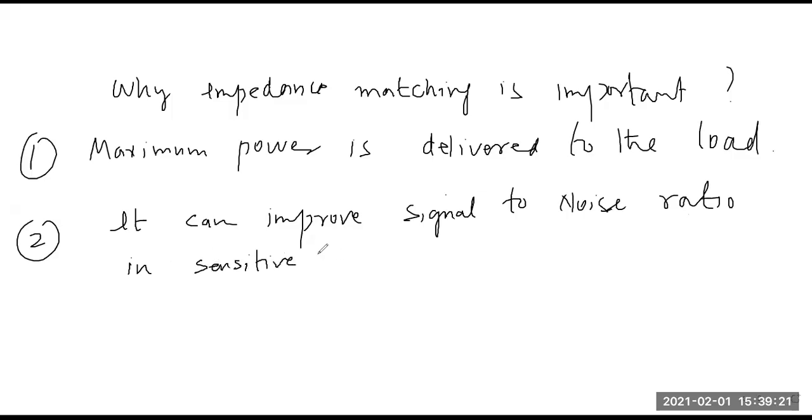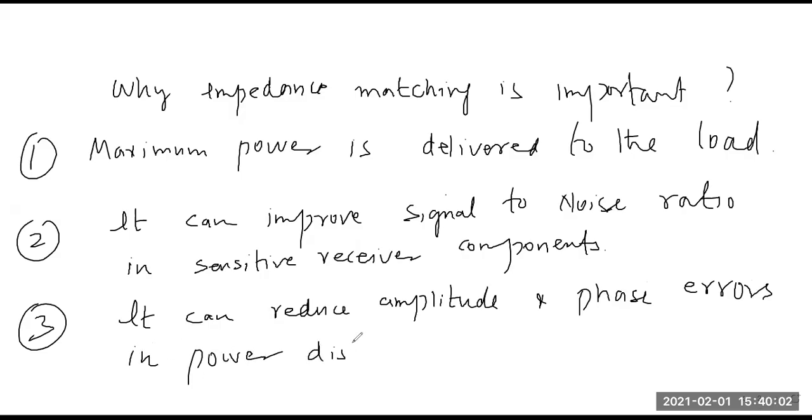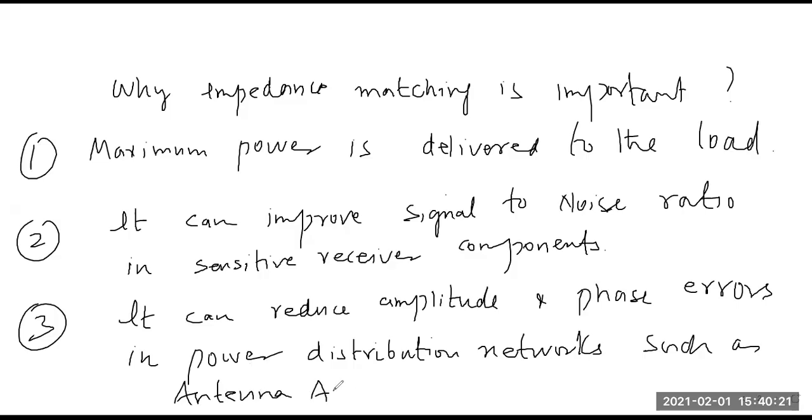In sensitive receiver components. And the third reason why impedance matching is important is that it can reduce amplitude and phase errors in power distribution networks, such as antenna array feed networks.